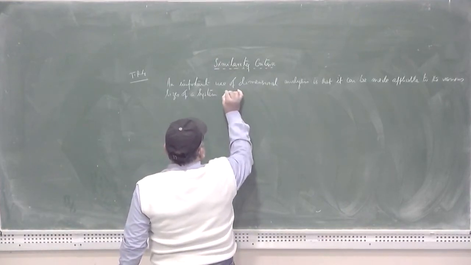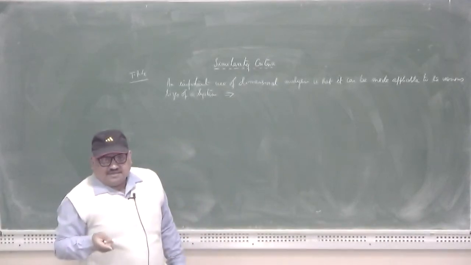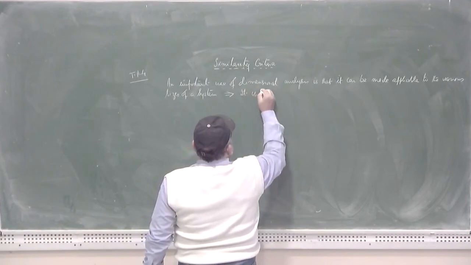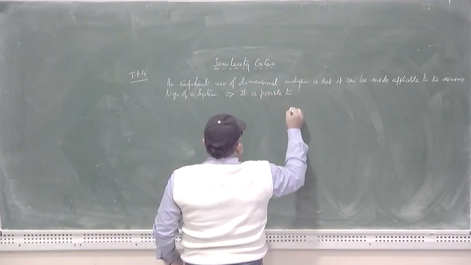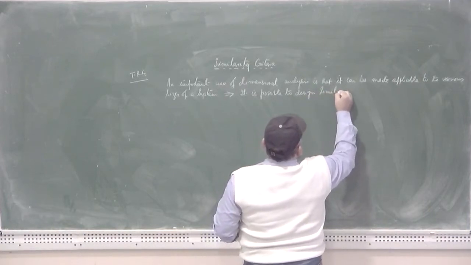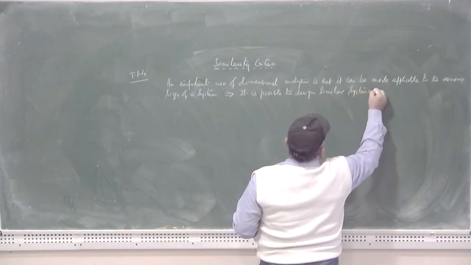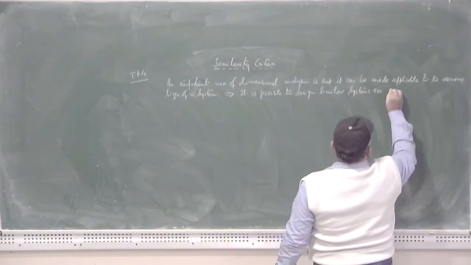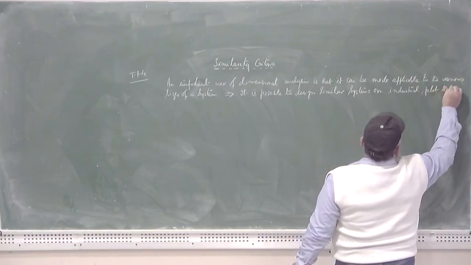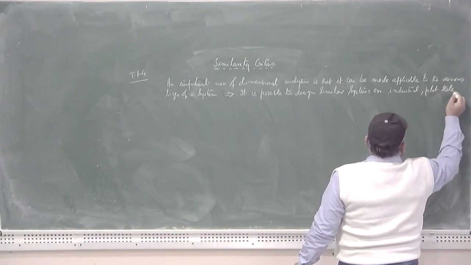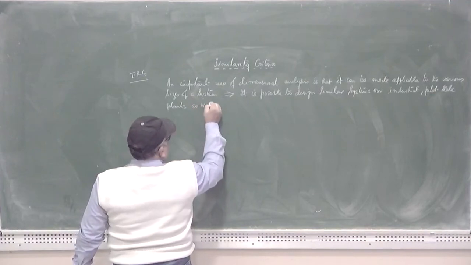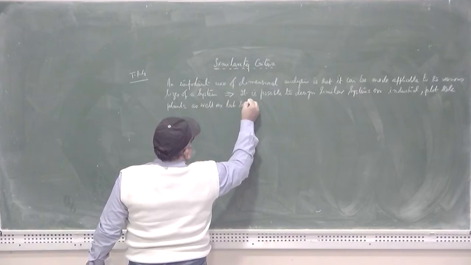So, if the dimensional analysis can be applied to various system sizes, it concludes that it is possible to design similar systems on industrial, pilot scale plants as well as lab scale.